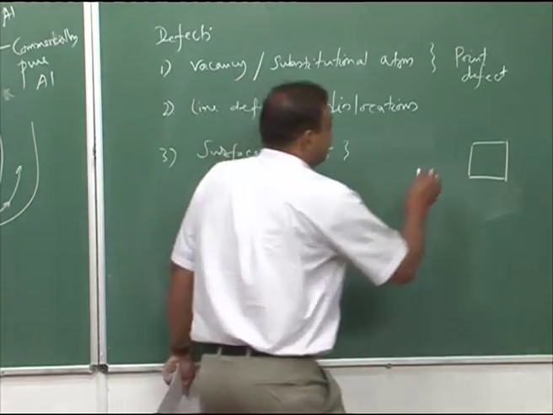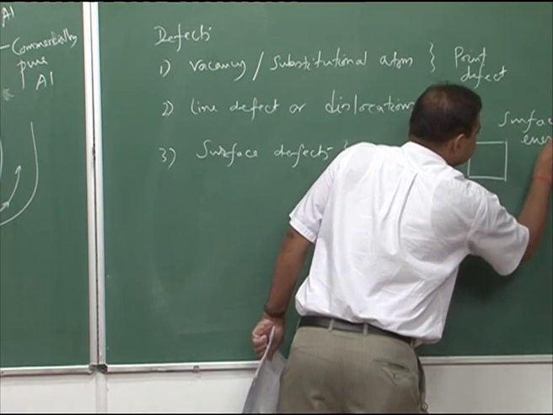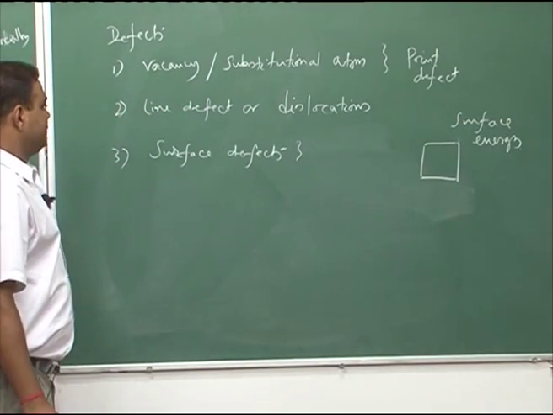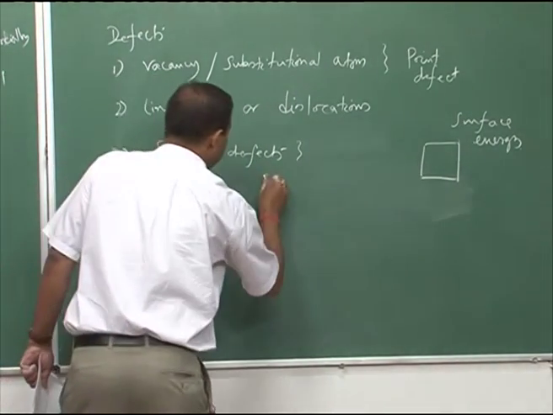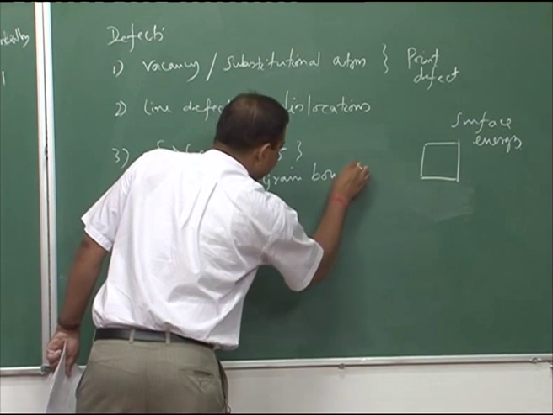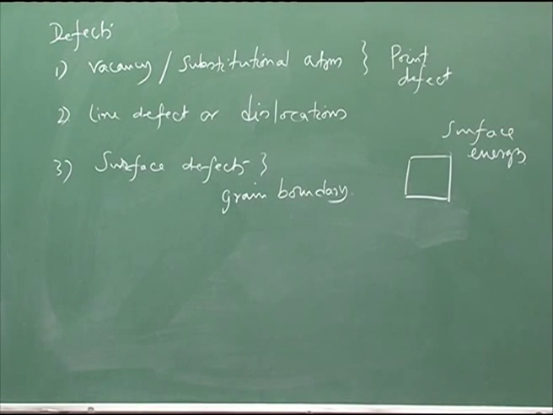We call it surface energy. So, any surface is a surface defect, or we can have grain boundary, that is another surface defect. We can have stacking fault, those are the surface defects.